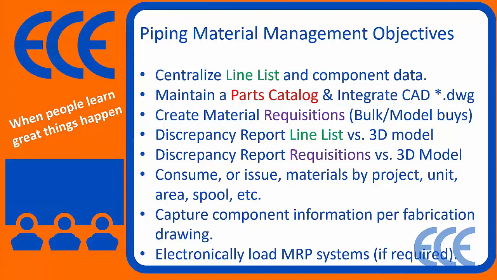So either check versus the line list in the 3D model, checking what line numbers match, what doesn't match, and then the requisitions, seeing what you've purchased versus what's in the model and what matches and what doesn't match. And then finally, the ability to issue or consume material when it's time to fabricate. So either do that by the project, by the unit, by the area, or by a spool, or so on, however you want to issue material.